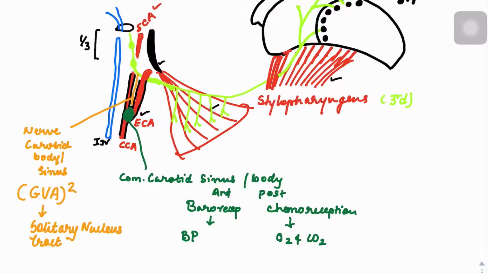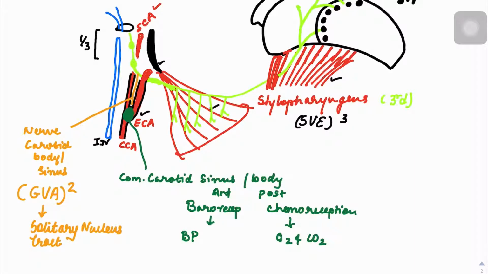So in this case, for the pharyngeal arch derived stylopharyngeus muscle, the functional component for the glossopharyngeal nerve will be special visceral efferent column. That's my third column.